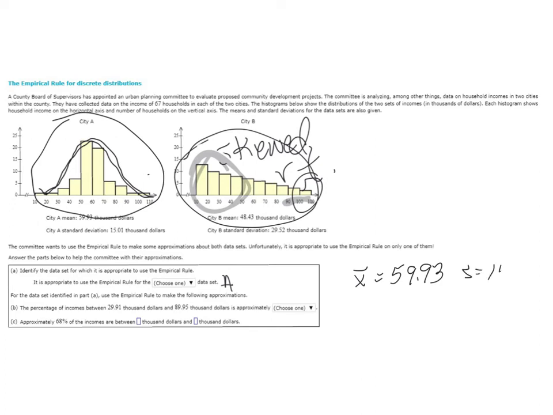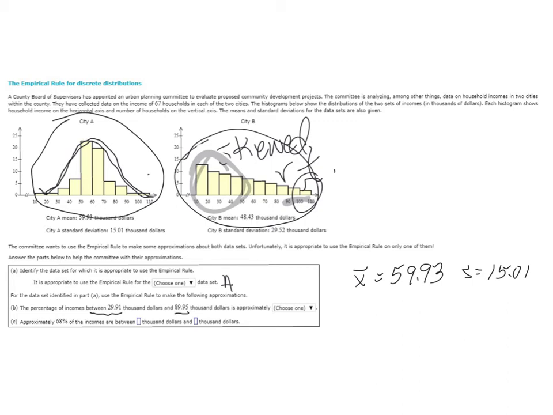All right, so the first question we did, A. The next one is saying the percentage of incomes between 29.91 and 89.95. So I'm thinking, all right, I'm not going to try to do this without a calculator, people.